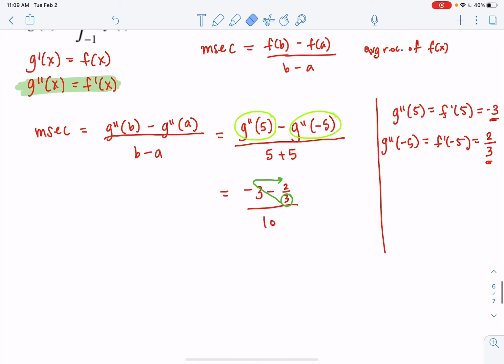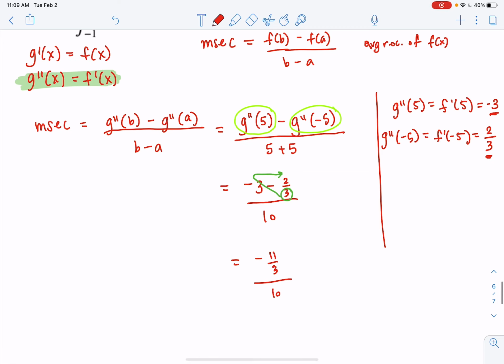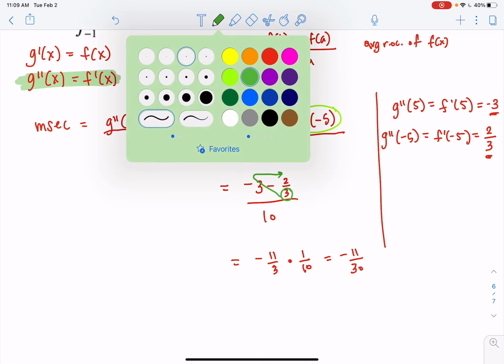Actually, I'll write that below. Gives me -11/3 all over 10. So let's put the bottom 10 over 1 and multiply by the reciprocal because we don't like to divide fractions. And so we end up with -11/30 for our final answer.